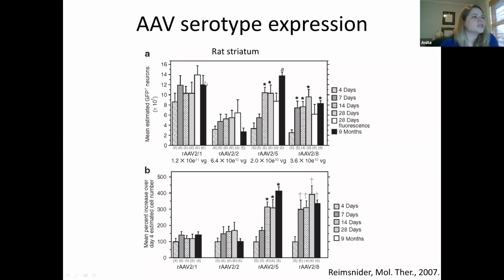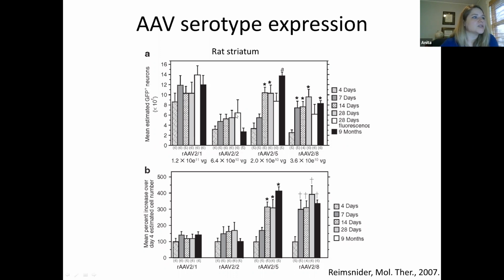But I did want to just go through this because in the neurons that I typically look at, I use serotype 1. So here again is this notation 2/1. That means the backbone is 2 and the serotype is 1. So this actually has pretty high expression from right away, from 4 days to 7 days. There's not a big difference, and then it kind of levels off.